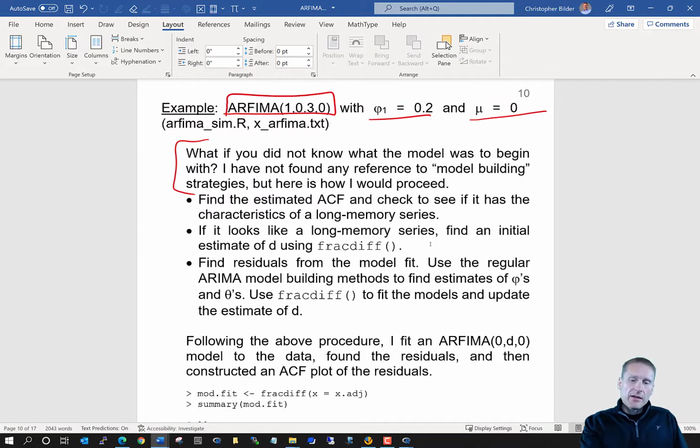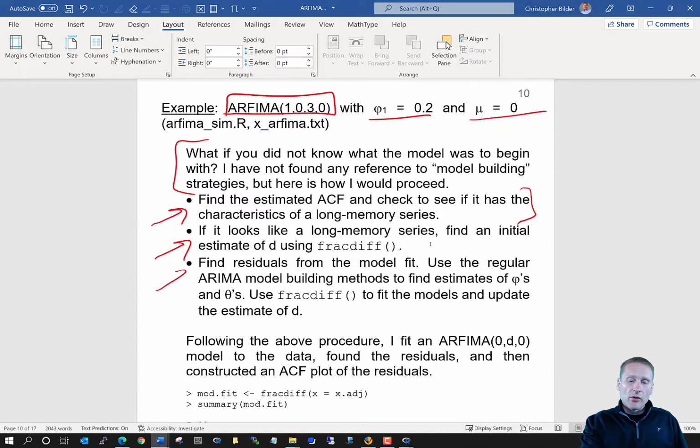So what one would do, first, similar to what we started off with, is find the estimated ACF and check to see if it has the characteristics of a long memory series. Then if it does, look to estimate d.